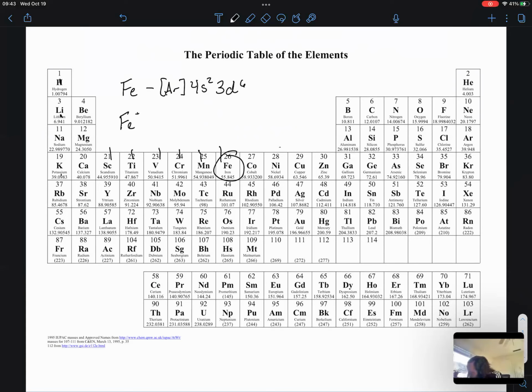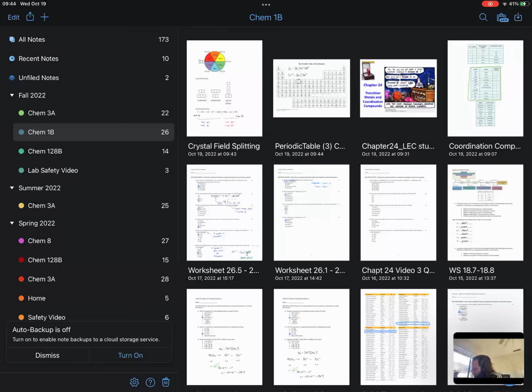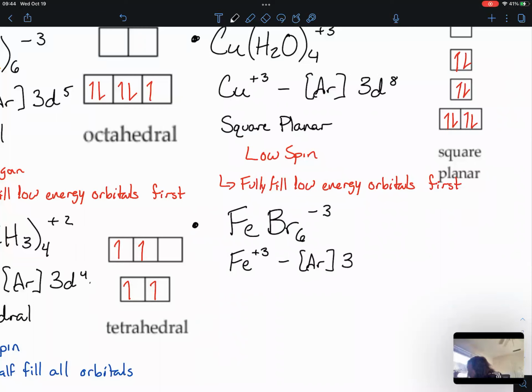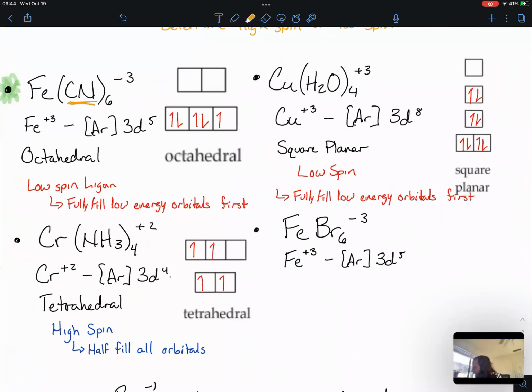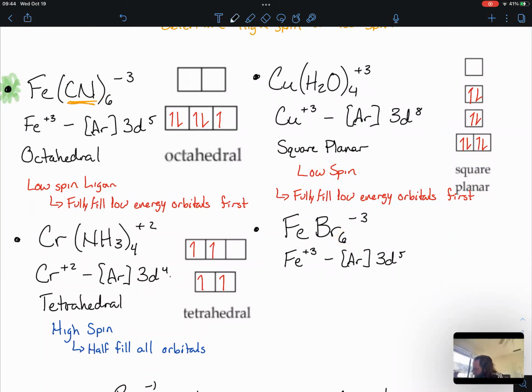So then my iron(III) ion has the same core electrons as argon, but now I've gotten rid of the 4s electrons and 1 from the 3d, so I'm left with argon 3d5. I have to determine my geometry, and since there are 6 ligands, there's only one choice, which is octahedral geometry.